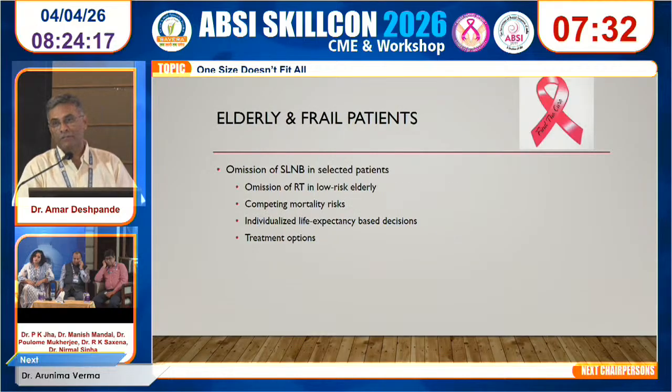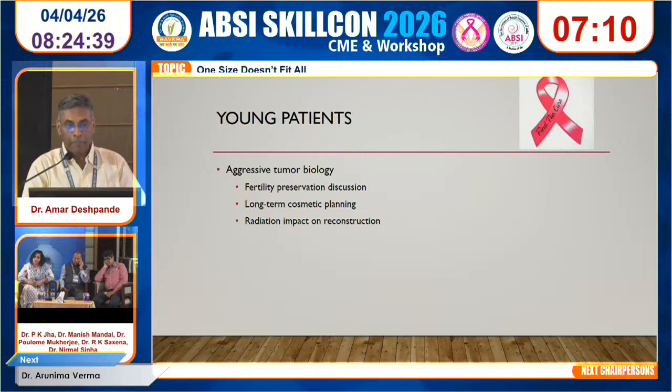Elderly and frail patients. We try to do one surgery and try to keep it as simple as possible. But at the same time, younger patients, we would do something else. So once again, we are now thinking of what the needs of those individual patients are. And young patients, we know they have aggressive tumor biology. Fertility preservation is something that we must consider in these patients.